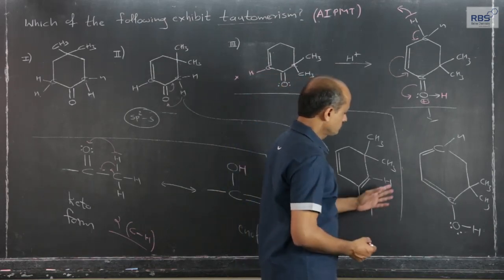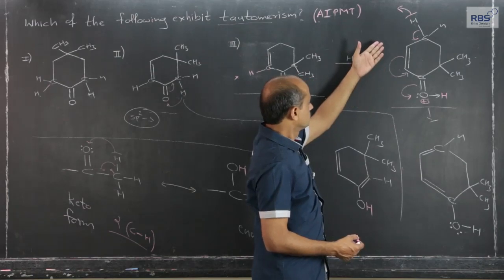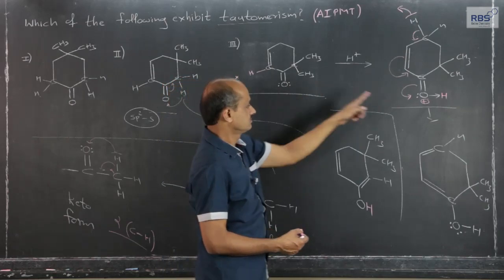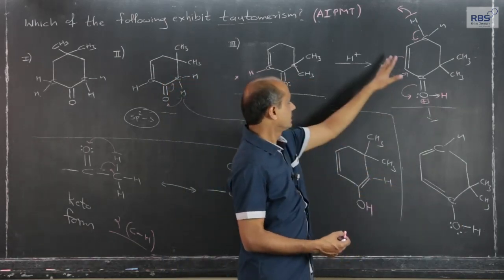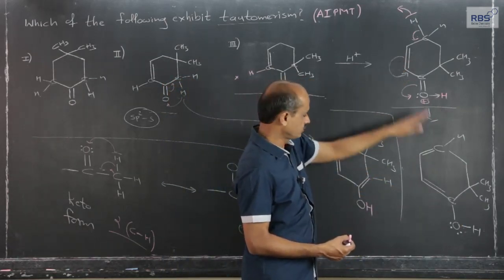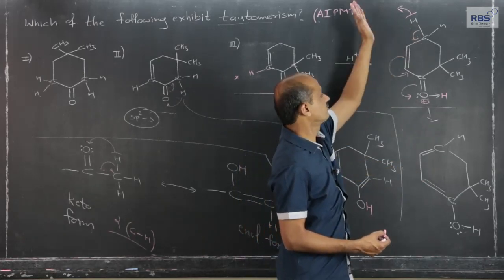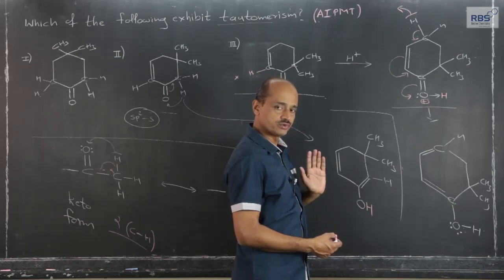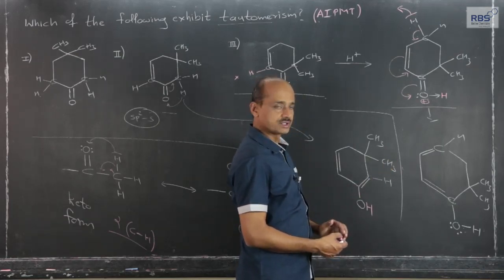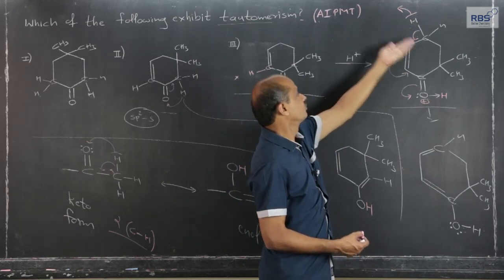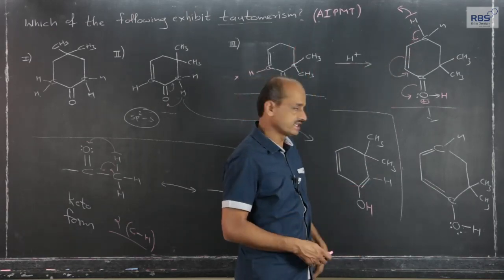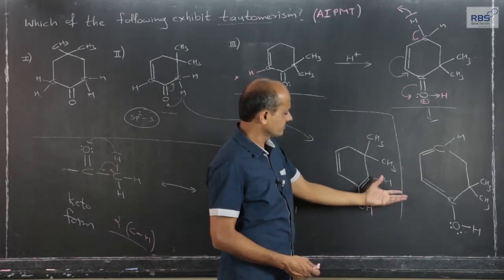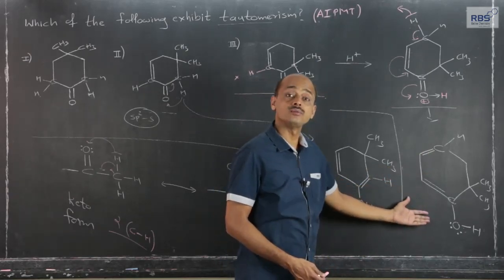So, this is how the hydrogen had entered from the acid in the form of a proton, and when this converts into this, one hydrogen leaves in the form of a proton. So, the proton from HCl, dilute HCl or dilute H2SO4 enters in the first step, and a hydrogen goes out in the form of a proton. So, the compensation takes place, and what we get is this. Again, this is what we can call the enol form.